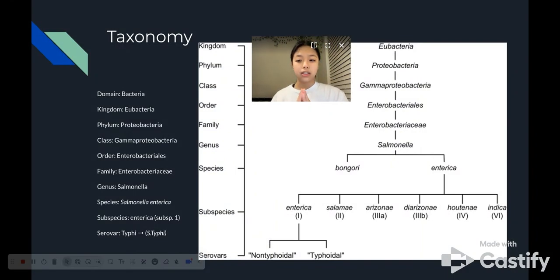And as you can see, there are serovars, non-typhoidal and typhoidal. We're going to be talking about typhoidal. So the name Salmonella Typhi comes from its genus and its serovar, because of how many bacteria are connected to it, and because this is a specific serovar that causes typhoid fever.